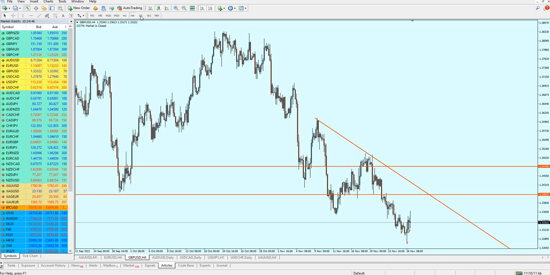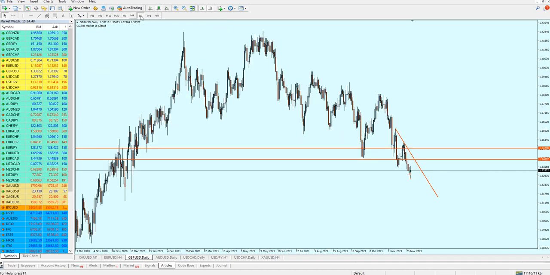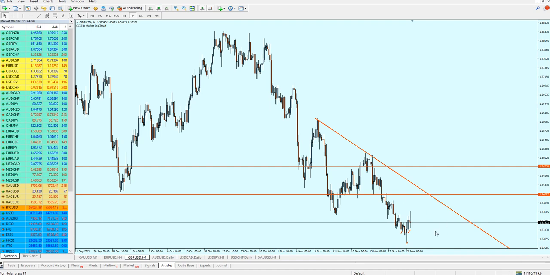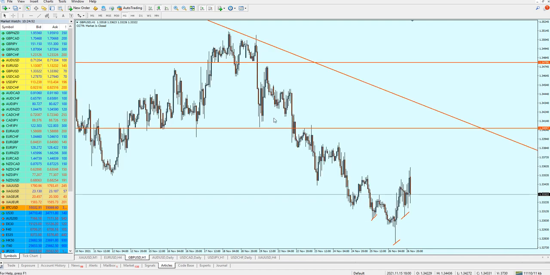So for the Pound USD, it should be a buy now. I think it's not reversing anywhere. It's already on the support, which means the Pound USD should be good for the buy right away, and the safe zone will be big enough. 51 pips. Yeah, it can be big enough. Okay, good. I'm happy with that.